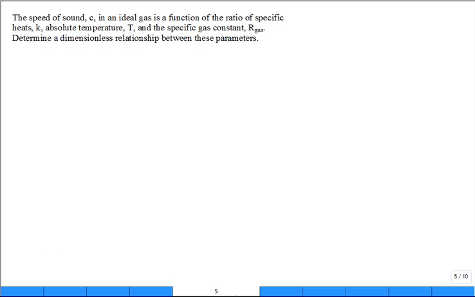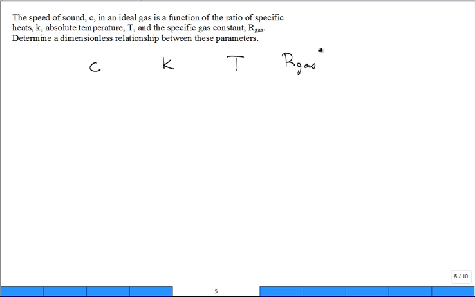Here's another one. The speed of sound, c, in an ideal gas is a function of the ratio of specific heats, K, absolute temperature, T, and the specific gas constant, R gas. Determine a dimensionless relationship between these parameters.